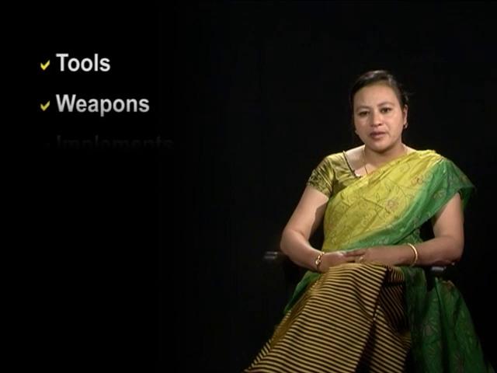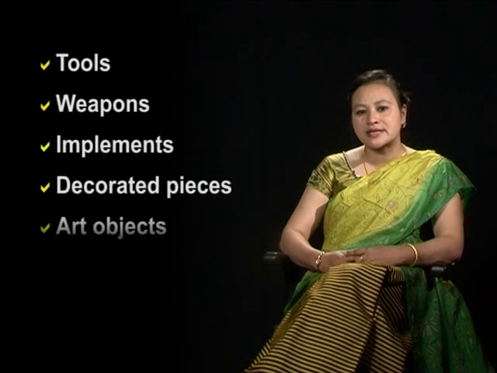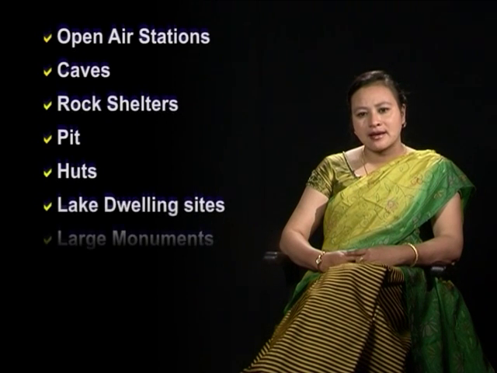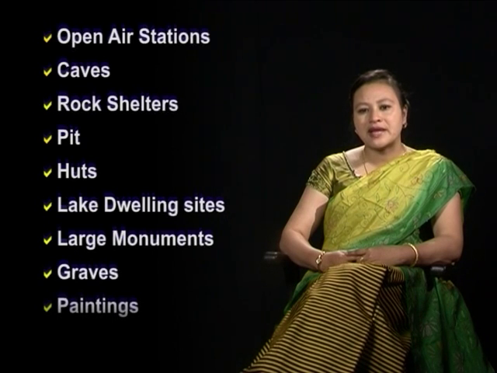The movable objects include tools, weapons, implements, decorative pieces, art objects, etc., whereas immovable objects include open-air stations, caves, rock shelters, pits, huts, lake-dwelling sites, large monuments, graves, paintings, etc. To identify and define these cultural materials along with the stages or levels of their development, archaeologists employ different terms which are commonly referred to as basic concepts in archaeology. These will be discussed in this module thoroughly.